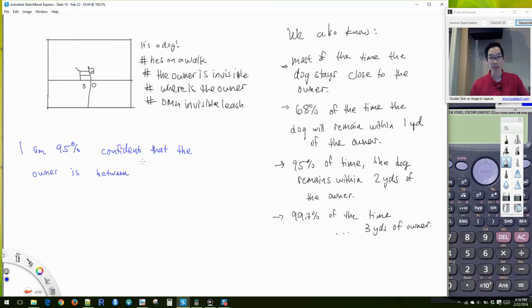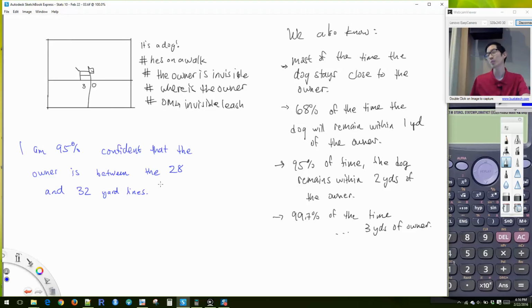Between the 28 and 32 yard lines, right? Does that sound like a reasonable statement to make? Just nod your head, say yes.